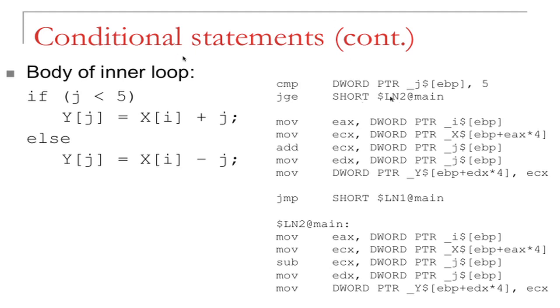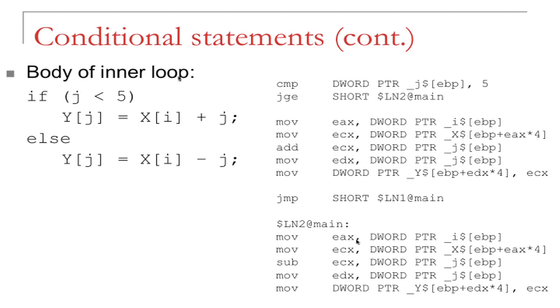a short label, ln2 at main. This is some label here, so let's look at where it is. It's actually here. So this is the else part, because we're checking J is greater than or equal to 5.